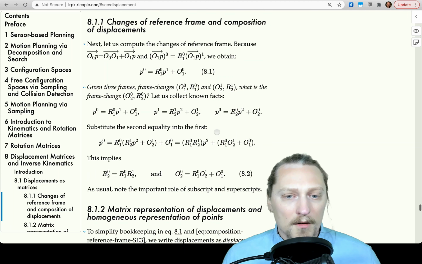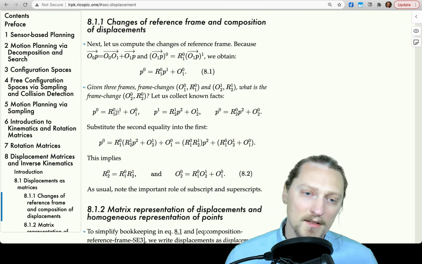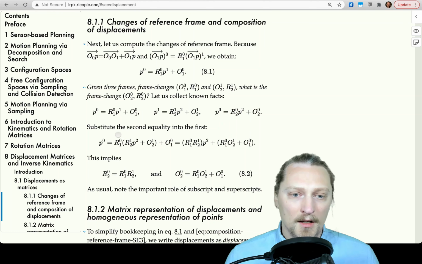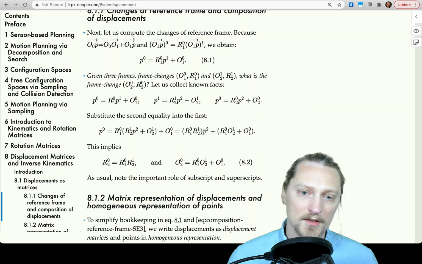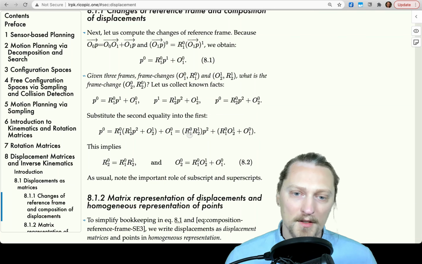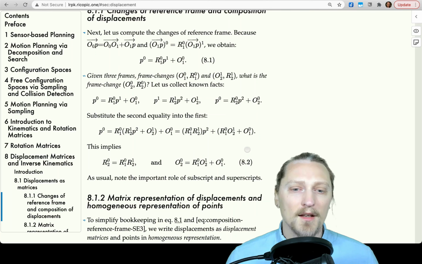Substitute the second equality into the first. So here's our second equality. We will substitute that into the first by saying, oh, this is what P1 is. Here's our P1. Substitute this entire expression in for P1. We get this expression. We can, of course, distribute R1,0 here and group them accordingly. So we have our P2 being transformed with this matrix, and we have our origin movement like this.